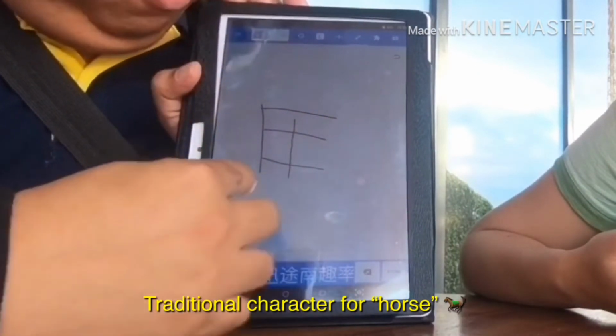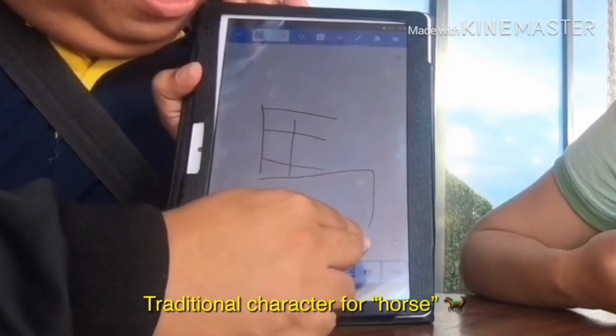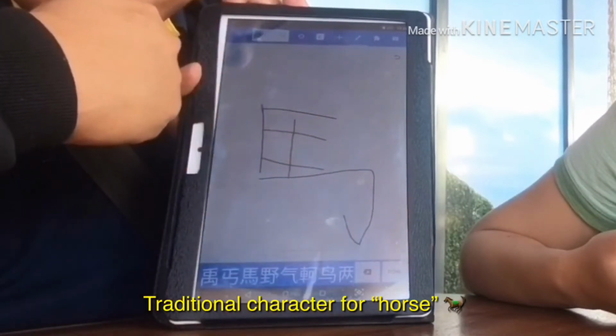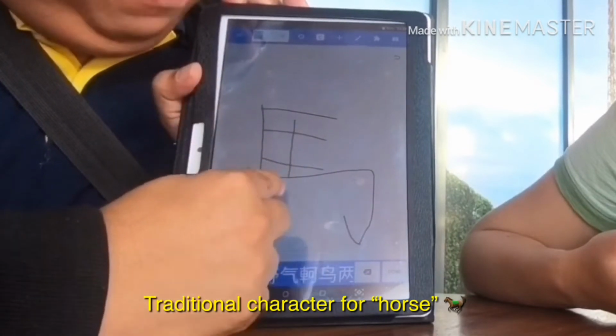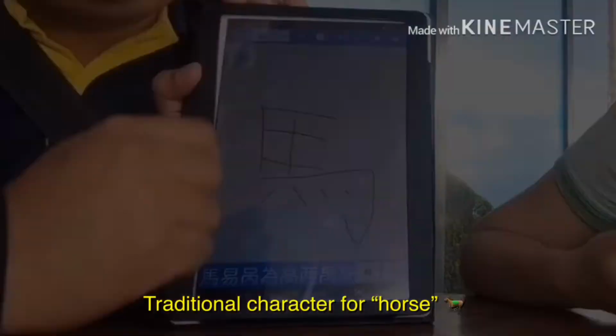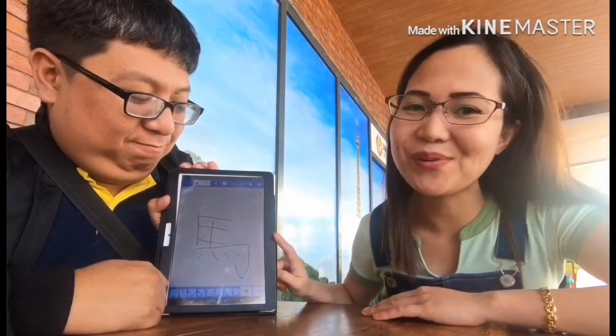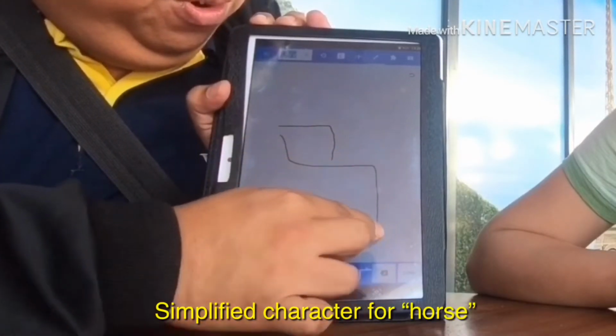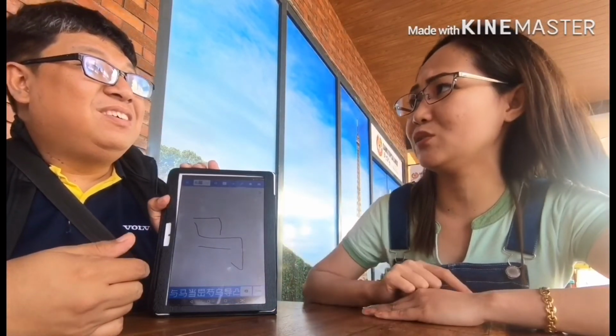So that's the head of the horse. 6. So you can see the body of the horse and the tail, and then the legs of the horse. 7, 8, 9, 10. Oh, it looks like a horse. Yes. Now the simplified character only has 3 strokes. 1, 2, 3. Oh, I like the previous one. Yes, the traditional character is much more beautiful.